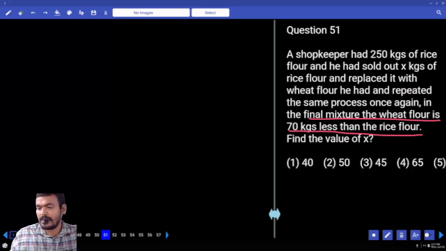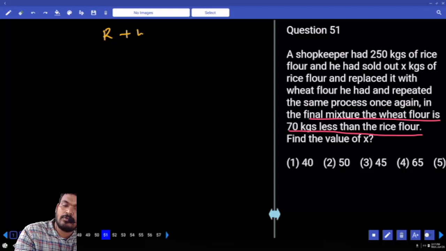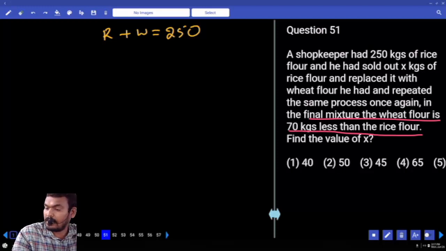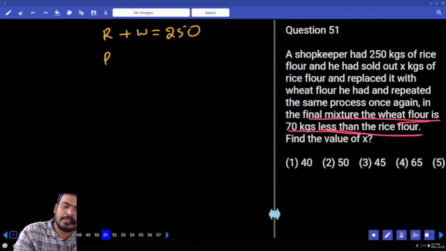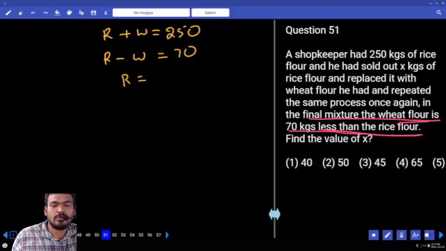Rice flour. Means sum of the rice flour and wheat flour is how many kgs? 250 kgs. And wheat flour is 70 less than which one? Rice flour. Means rice and wheat difference is how much? 70. Then we get the rice and wheat. Rice flour is how much?